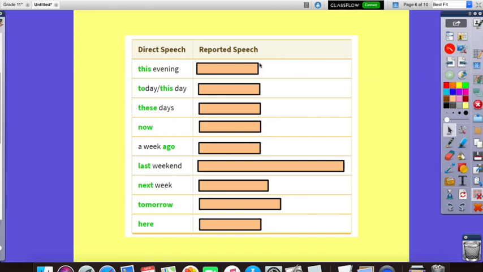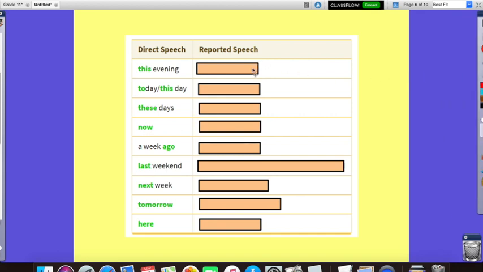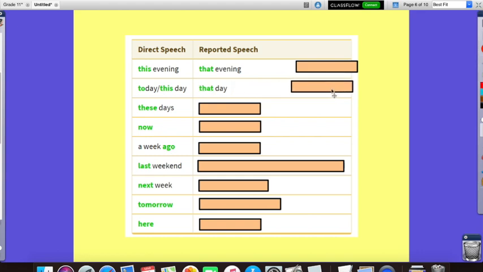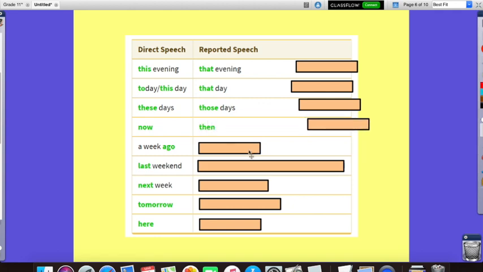So this evening changes to that evening. Today or this day changes to that day. These days, those days. Now changes to then. A week ago changes to a week before.